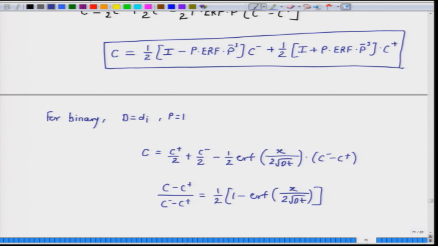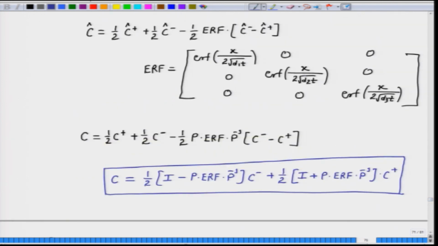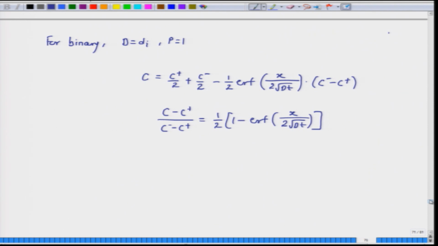Remember, this matrix ERF here for binary will have only one term, that is error function x over 2 root dt, where d is the binary diffusivity. So, this can be verified for binary. The advantage of using the matrix approach for solving the diffusion equation with the transformations that we did is very clear here, because we could solve very simplistically and got a very simple form of solution.